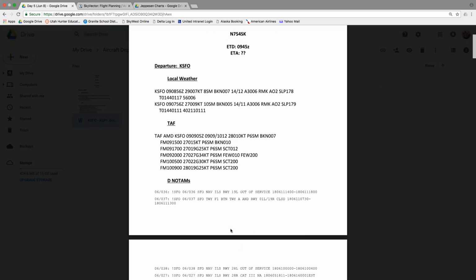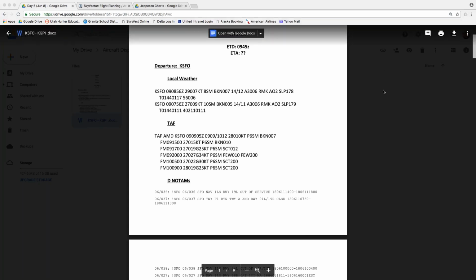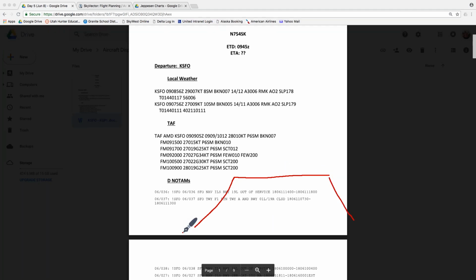So you draw this out. Okay, we've got San Francisco here. What we're concerned about is we're going to write down the winds, and then we're going to write down the temperature and our ISA deviation, right? That's pretty much all we're concerned about.